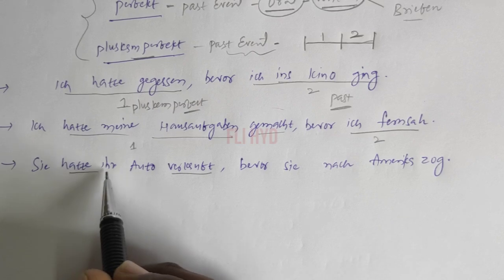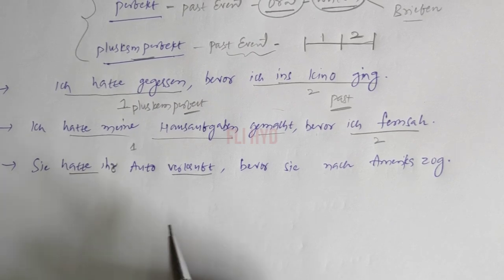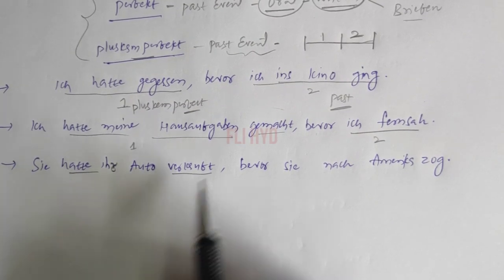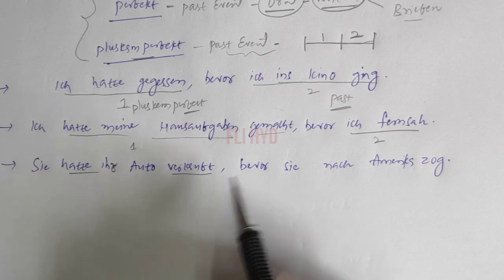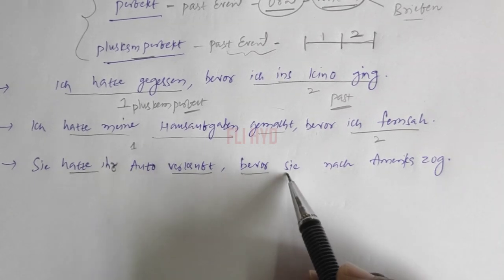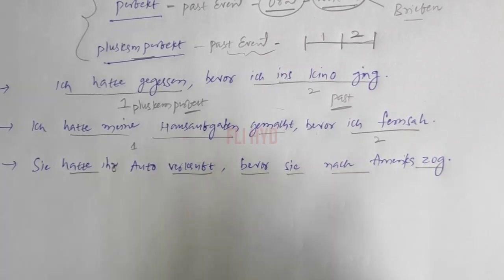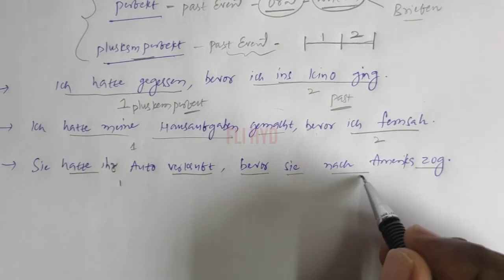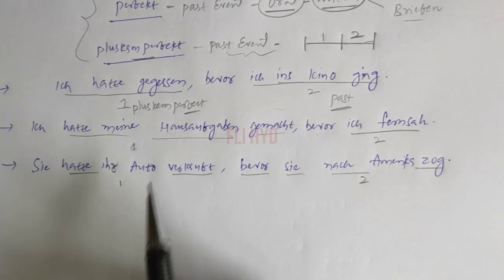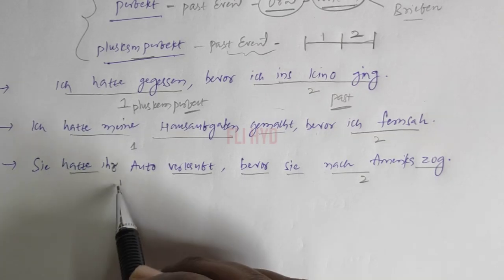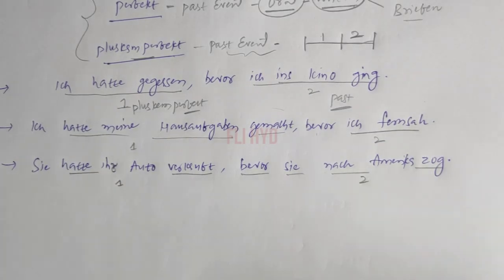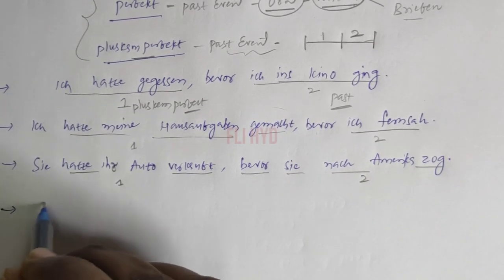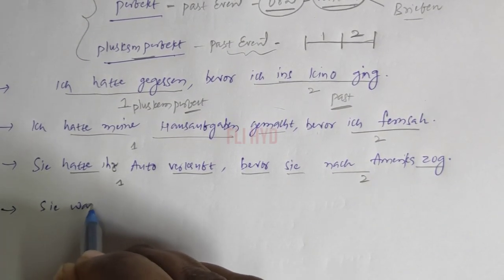She had sold her car. When? Before sie nach Amerika zog, before she moved to America. So two actions. Which action happened first? She sold her car. So that we write in the Plusquamperfekt. Then she moved to America. Clear?